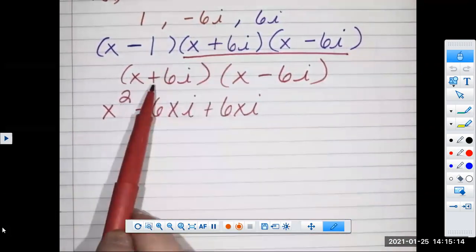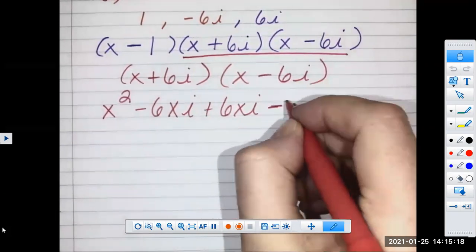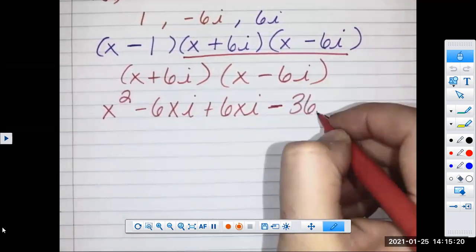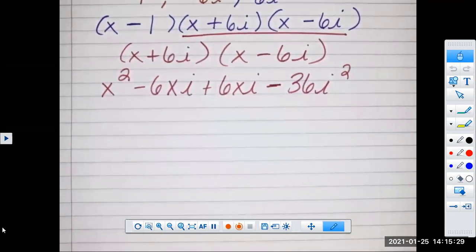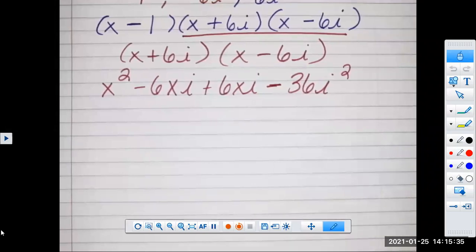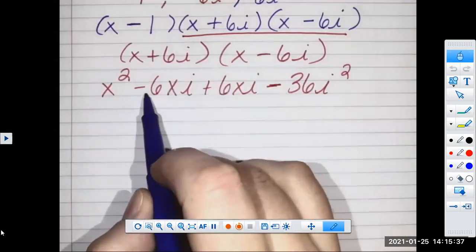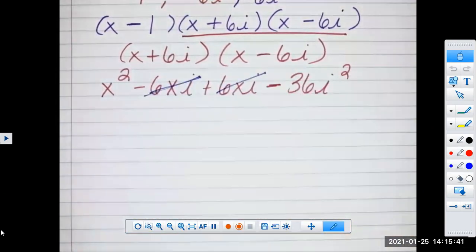And take 6i and multiply it to negative 6i. That gives you negative 36i squared. Do you guys remember in 4.8, what was i squared equal to? Good, it turns into negative 1.